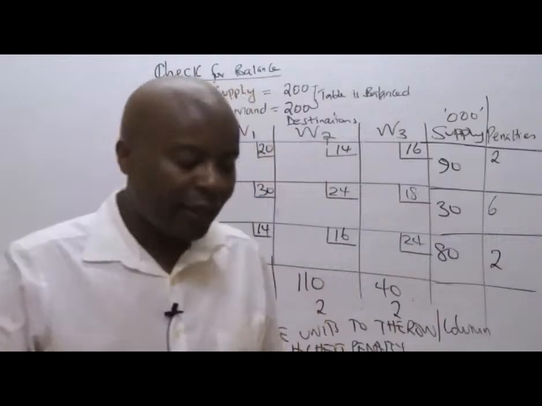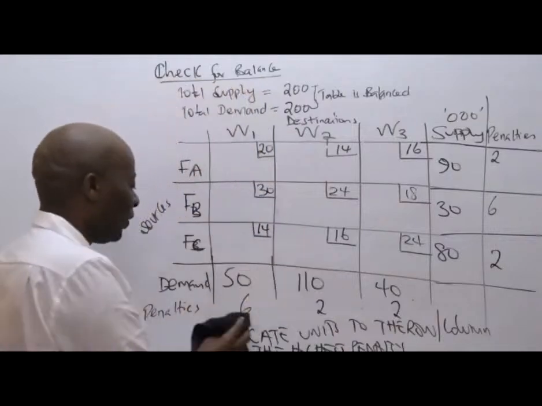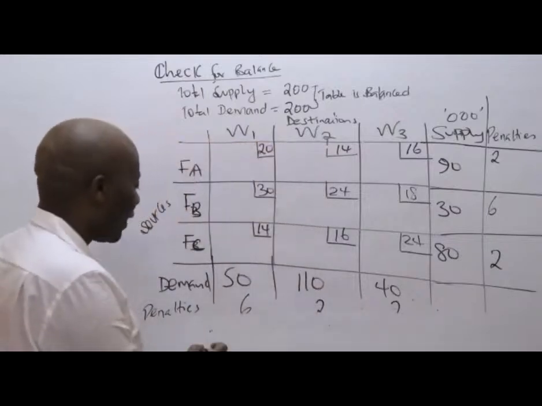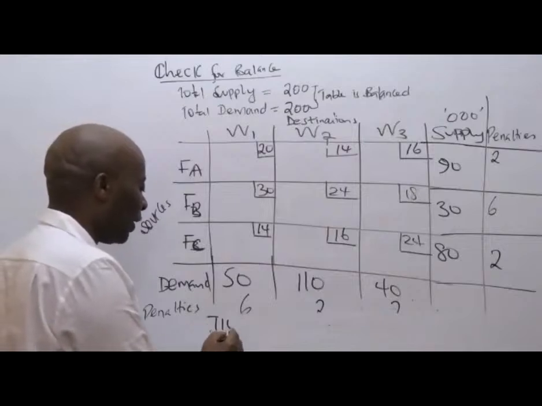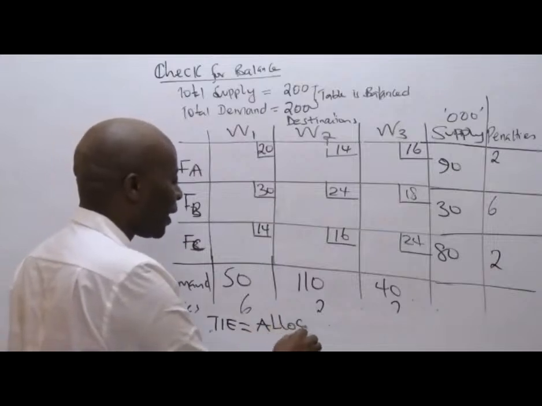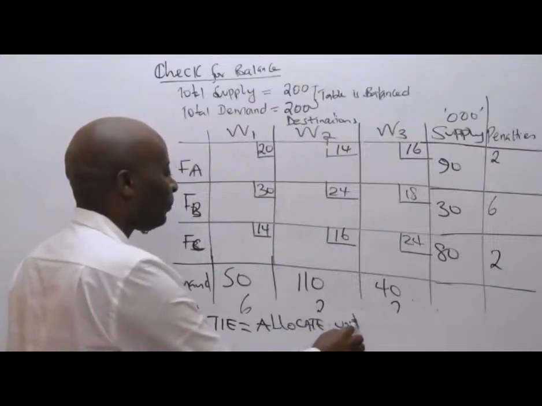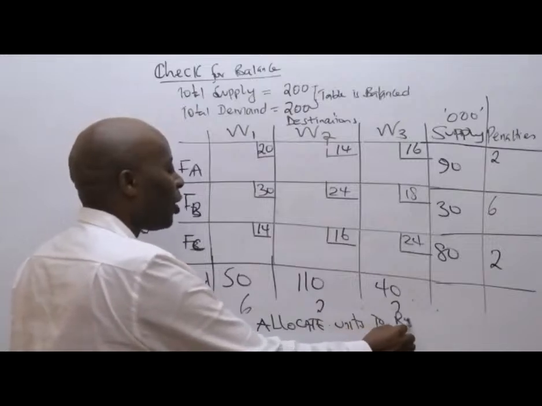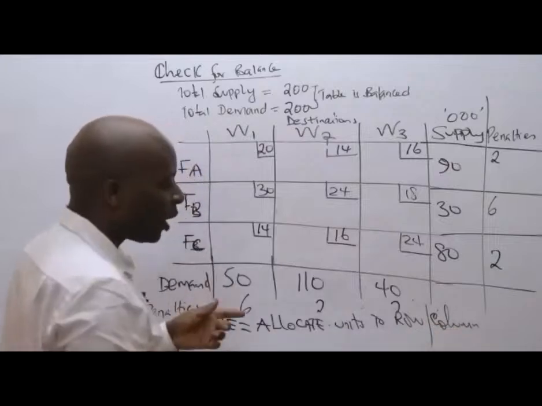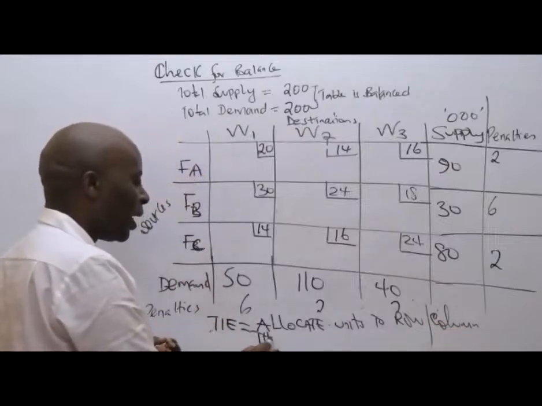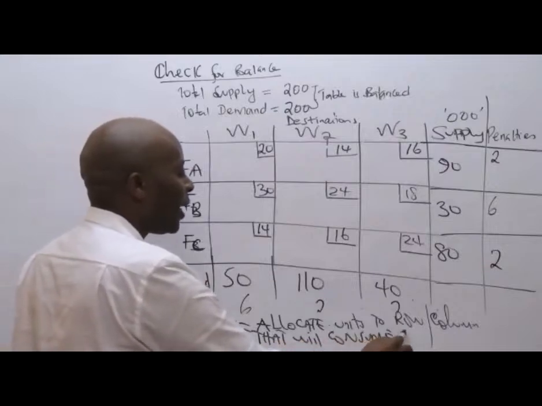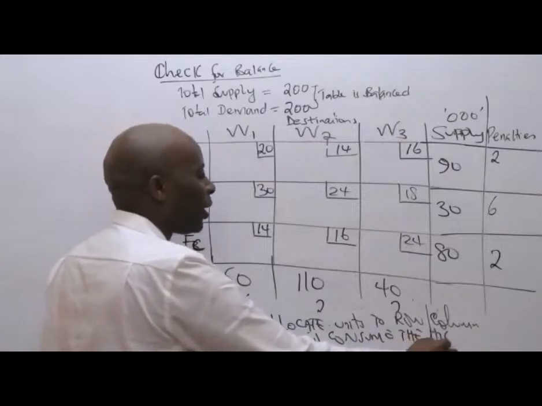There is a tie. When there is a tie, what do we do? Cry? No, we can never cry. Whenever there is a tie, we must get a way of resolving this issue. Whenever there is a tie, allocate units to the row or column in the tie that will consume the highest quantity.